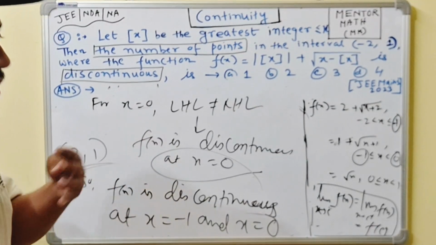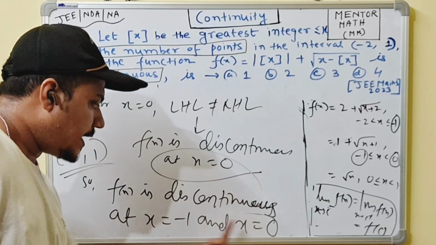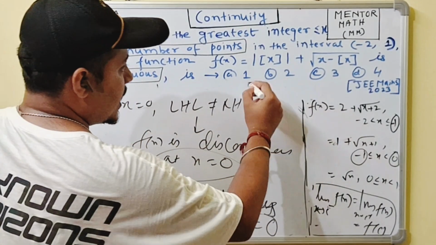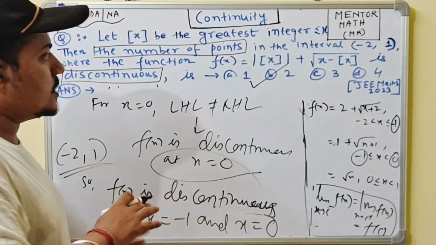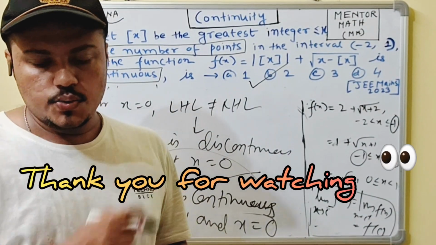How many points of discontinuity? There are 2 points of discontinuity. So which option is correct? Option B is your correct option, and this is a very nice question, a similar type of problem you can solve. Okay, so thank you. Next class we will again discuss.